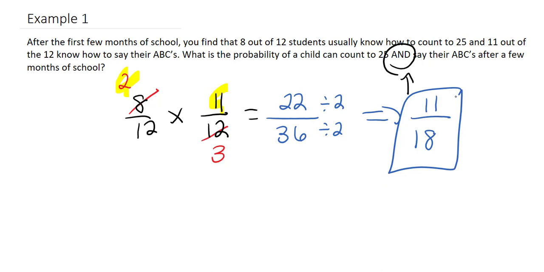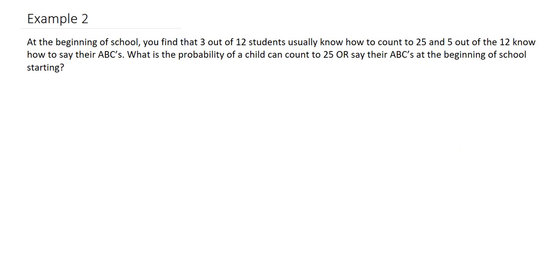So now let's look at the next example. Example 2: at the beginning of school, you find that 3 out of 12 students usually know how to count to 25, and 5 out of 12 know how to say their ABCs. So what's the probability of a child that can count to 25 or say their ABCs at the beginning of school? The first thing we notice is we have an OR.